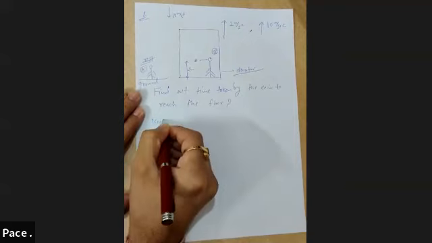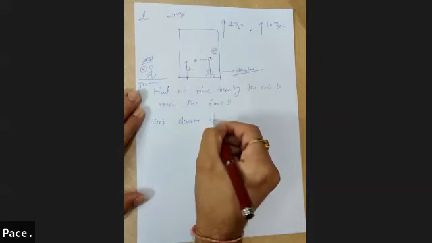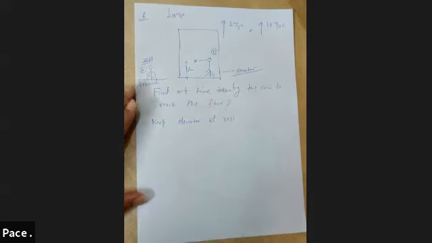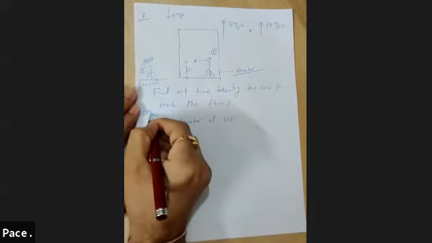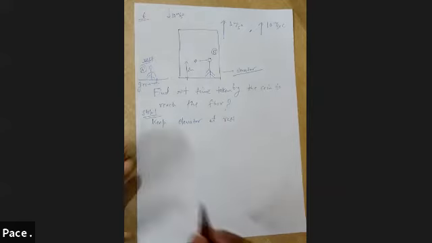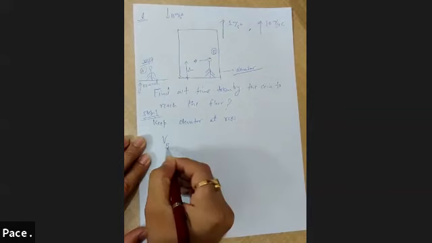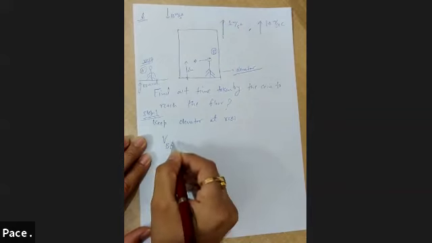Step 1: keep the elevator at rest. Now, what is the velocity of man B with respect to elevator E?